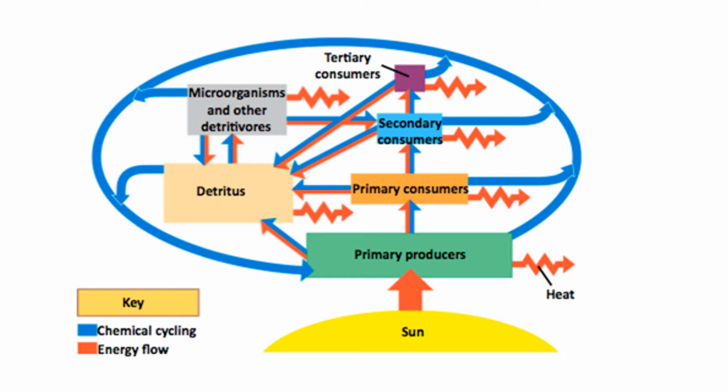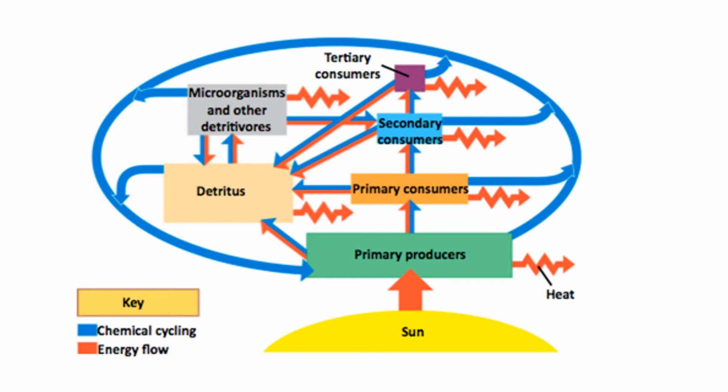And again, those primary producers would be all of the autotrophs, the plants, the photosynthetic protists, the photosynthetic bacteria, and so on. And of course, that chemical energy in the form of sugars is now going to be available to all of the heterotrophs, or the organisms that consume other organisms.